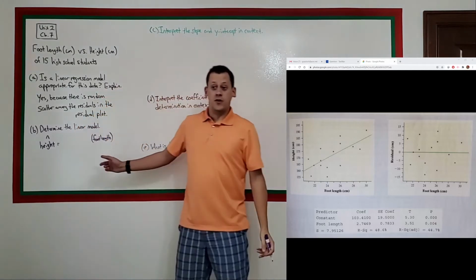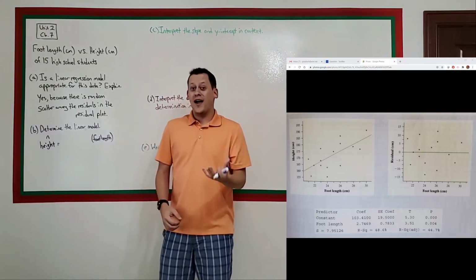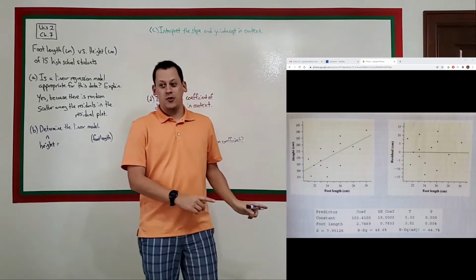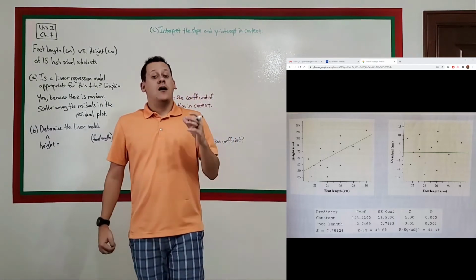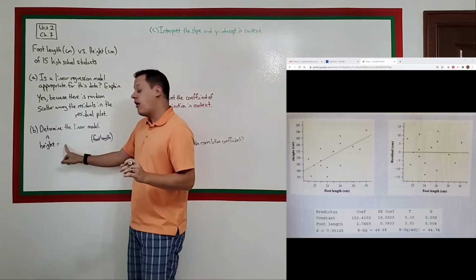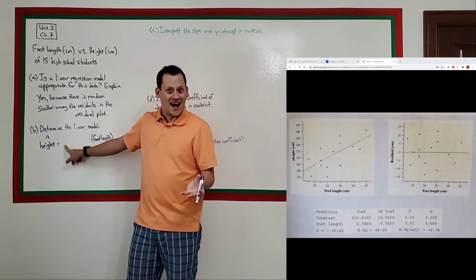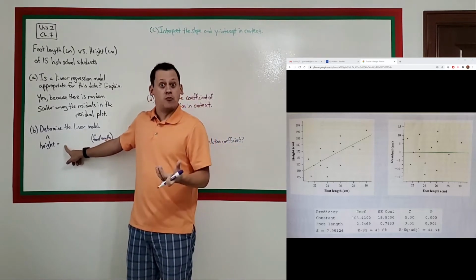So at the very least, we can write that part. Now, what's the y-intercept and what's the slope? We've got to interpret that here. Where it says constant, that's going to be our y-intercept. And it's a constant because it doesn't have a variable attached to it, right? It's just the number itself.